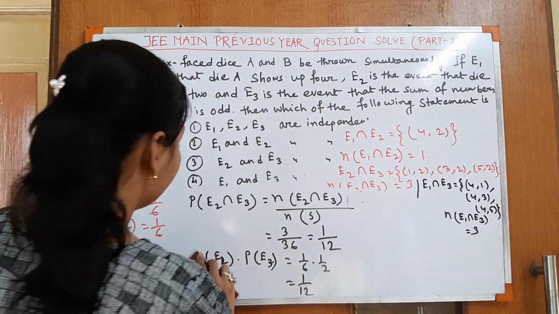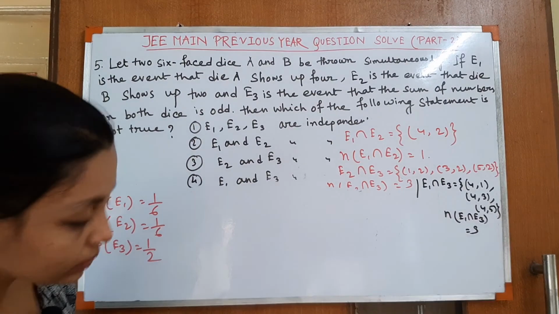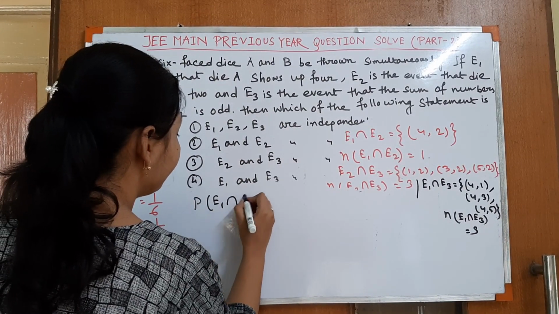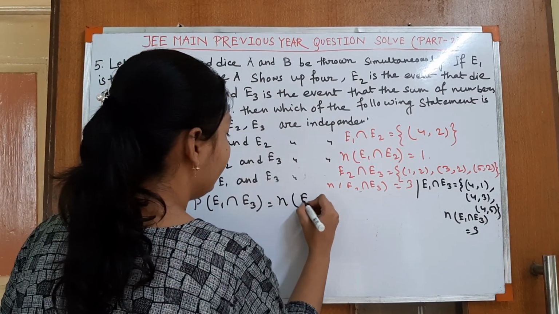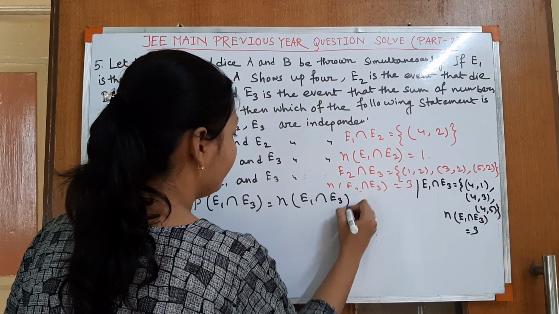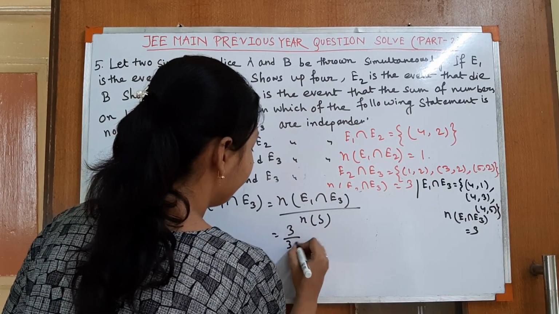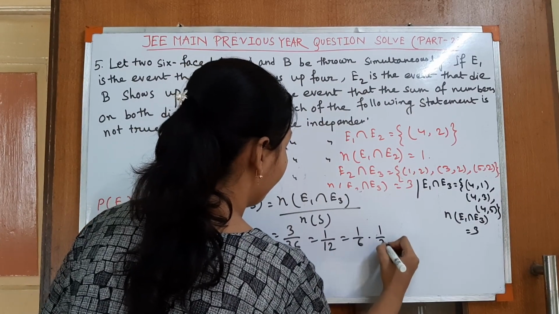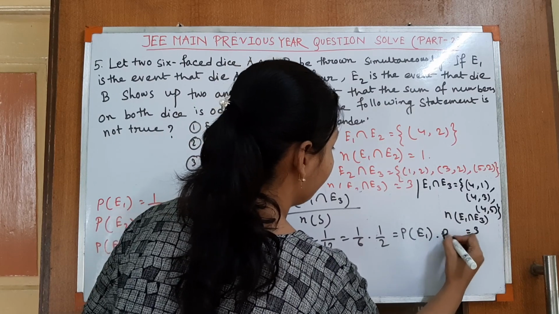Now, P of E1 intersection E3 means n of E1 intersection E3 by n of S, that is also 3 by 36 equal to 1 by 12, that is 1 by 6 into 1 by 2, that is P of E1 into P of E3.